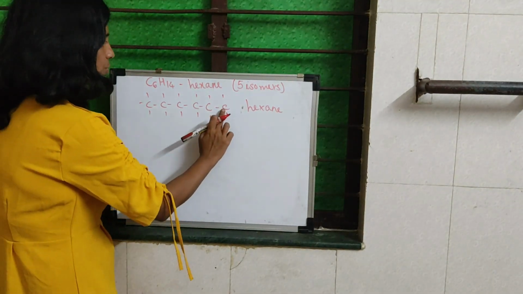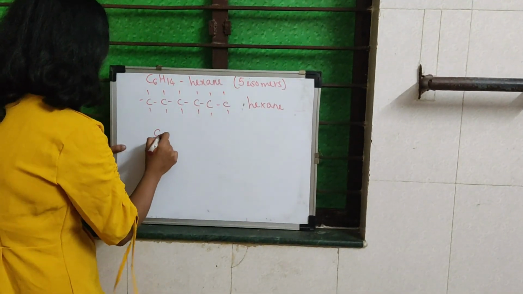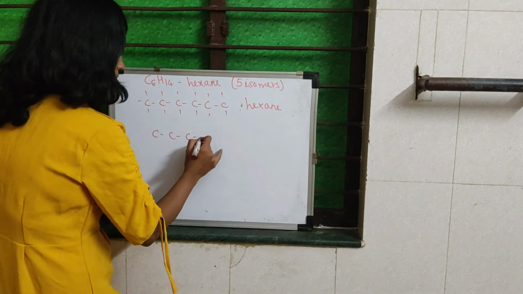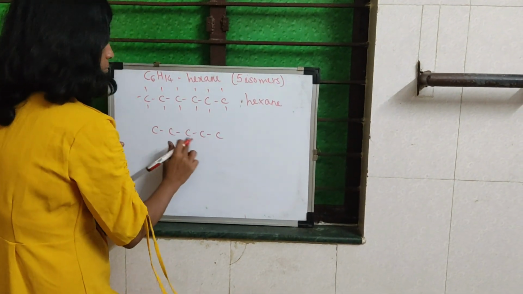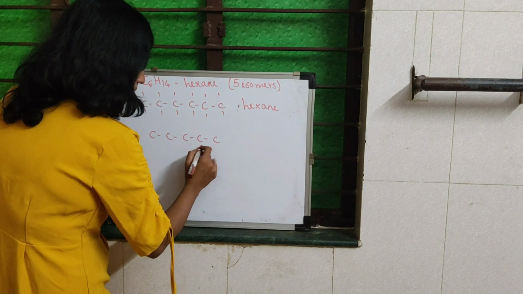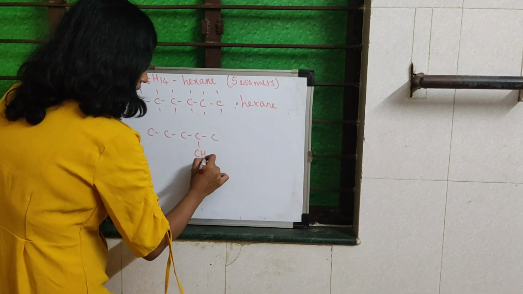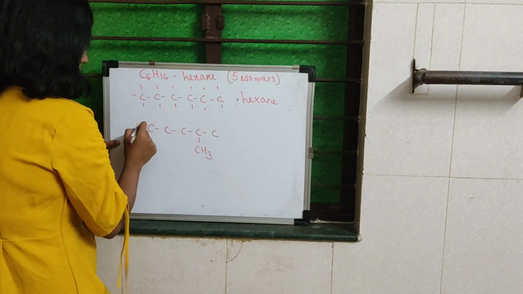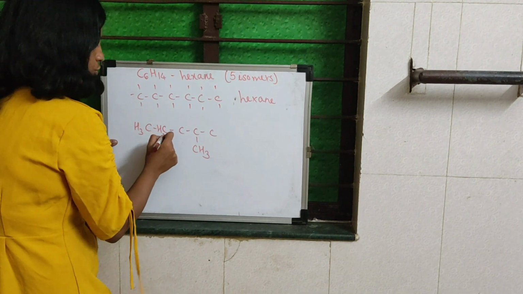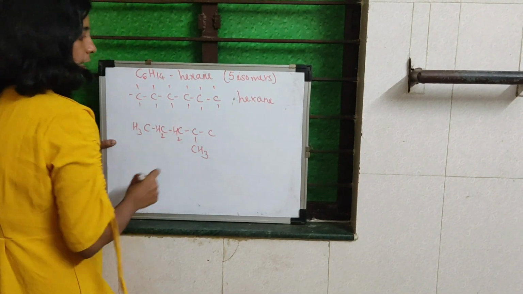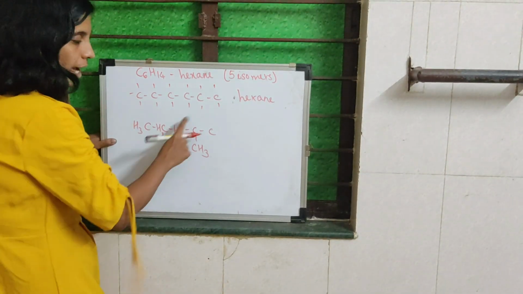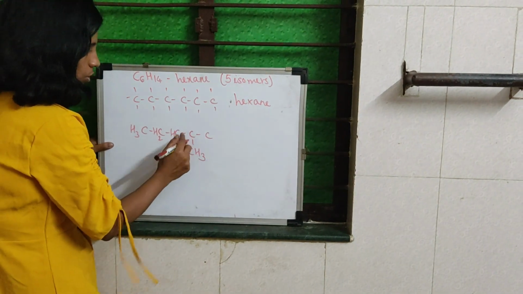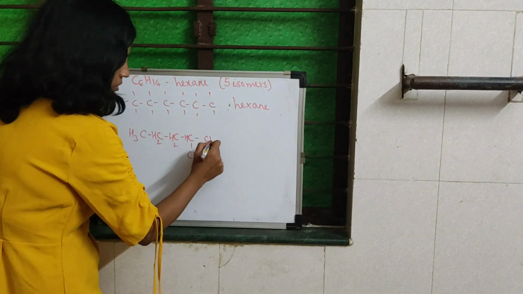So now you will try to move it to the second carbon. 1, 2, 3, 4, 5, and I move it to the second carbon. And here, you just have to make sure that you are completing the valency of the carbon.